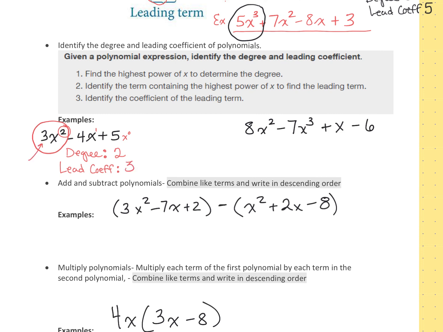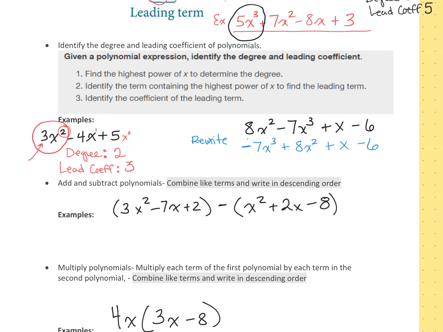So don't always go for the first term unless it's in descending order. So for example, on this next example, I tried to trick you. This is not in descending order, so we're going to rewrite this in descending order. Minus 7x cubed plus 8x squared plus x minus 6.